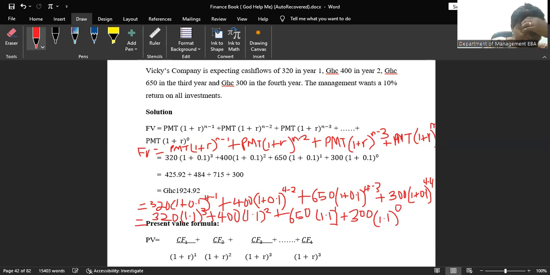Okay, so for us to finish it, I'm going to guess. So 1.1 raised the power 3 times 320 is going to be equals to 425.5.